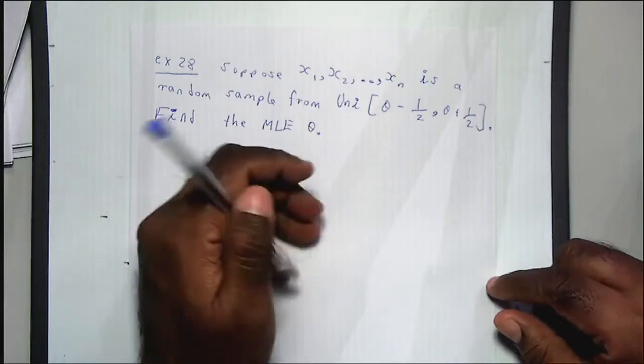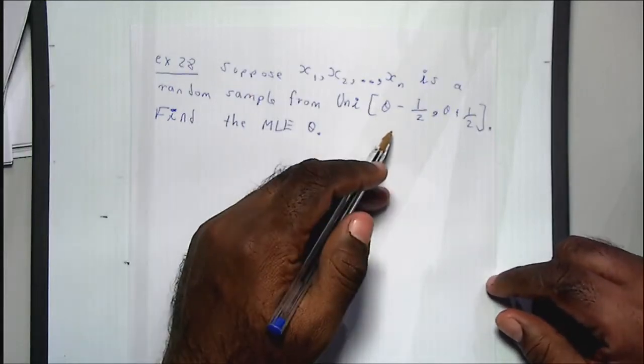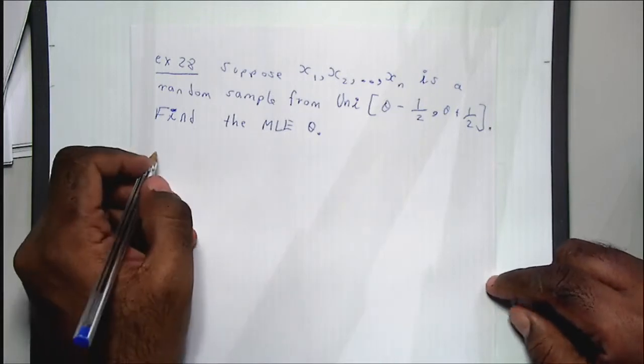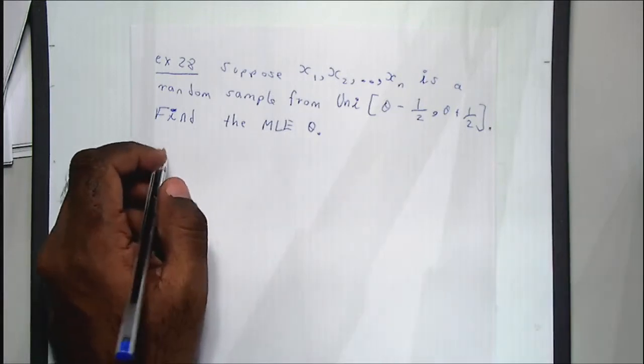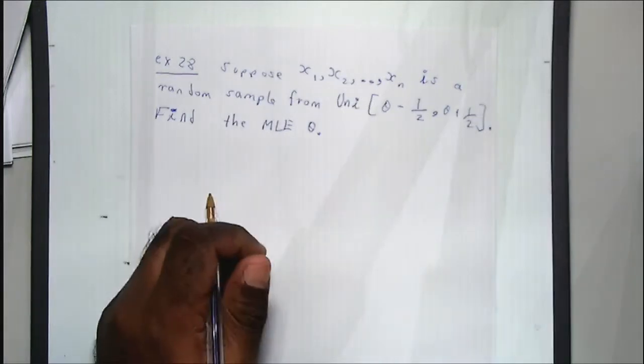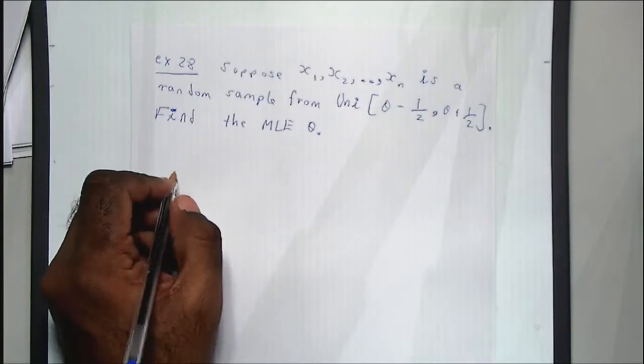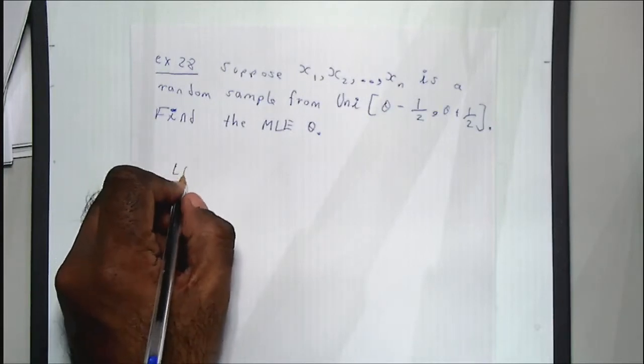So you have a random sample from a uniform distribution from this to this. Now I'm going to write down the likelihood function.